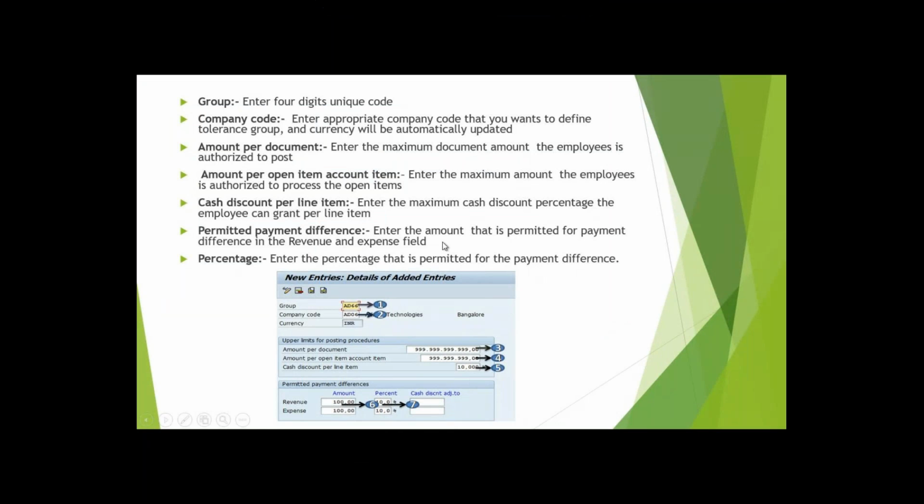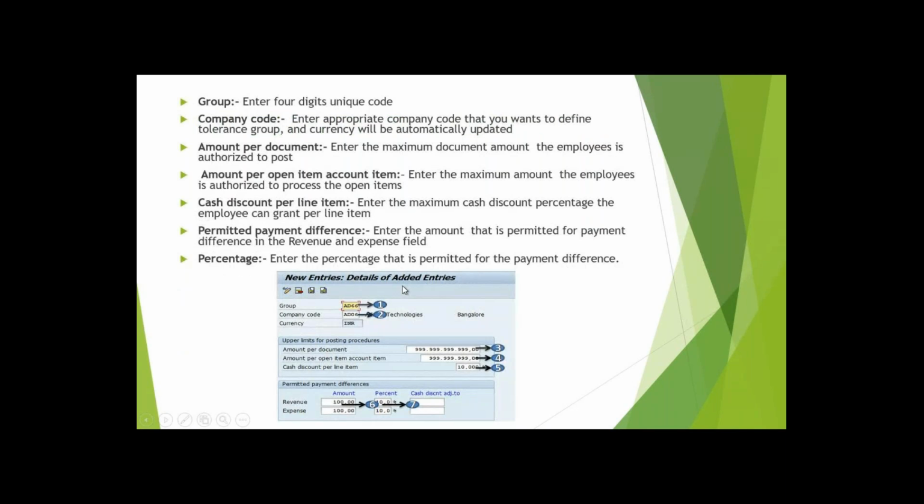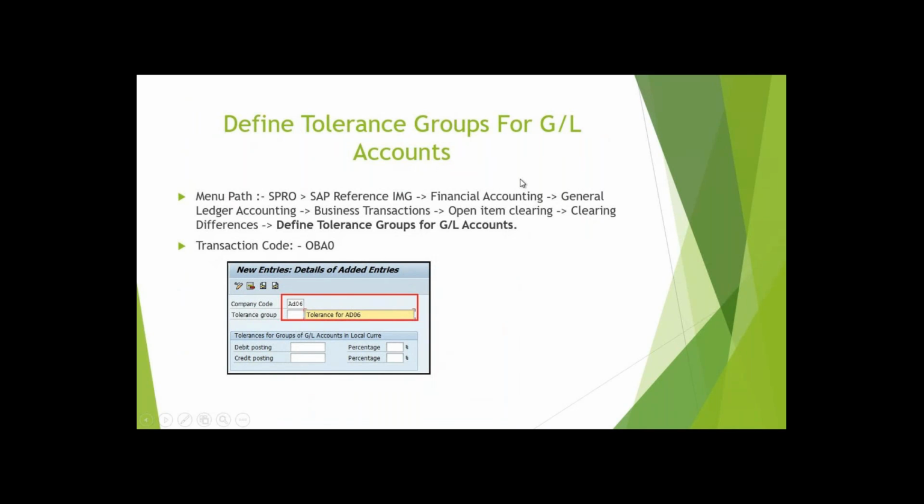So that is the reason I need to create the tolerance group for employees. For transaction, that is the tolerance group for general ledger. General ledger in the sense, whenever I do the local currencies for the group, not for one, I'll be having two or three different types of tolerance group.